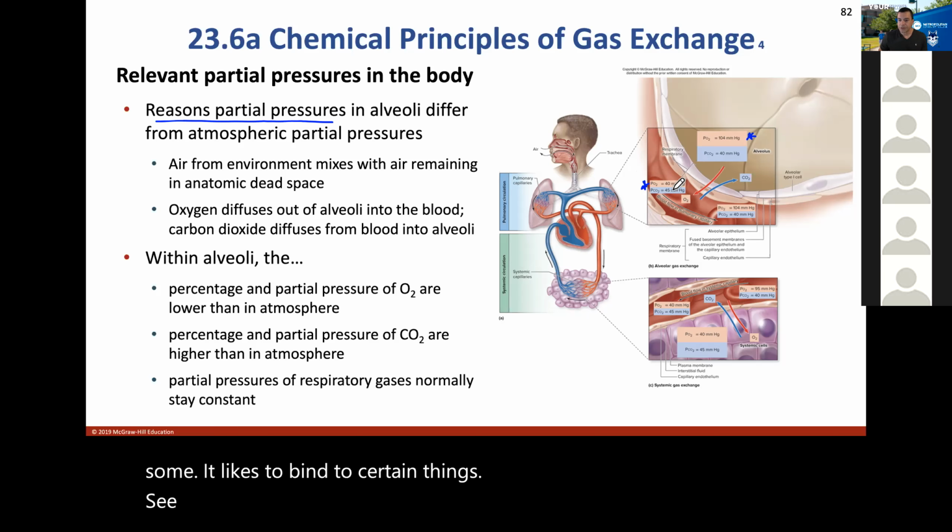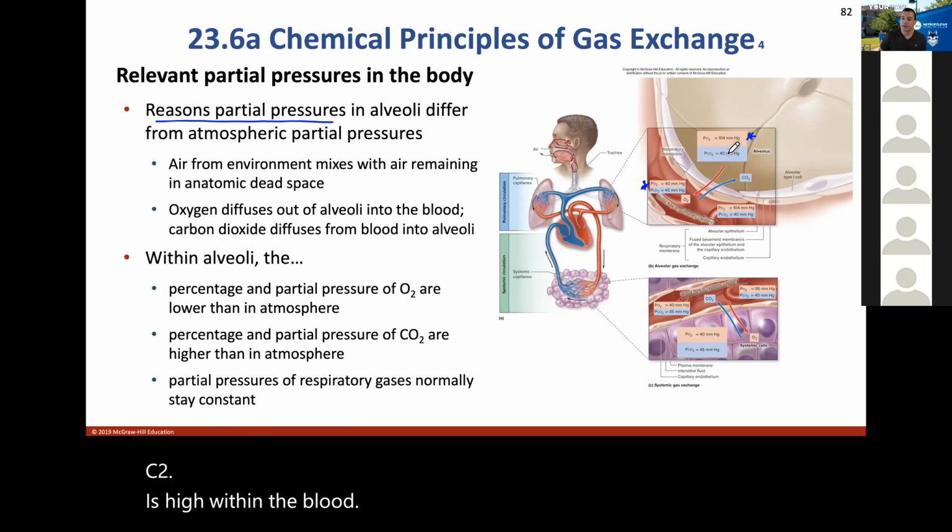CO2 is high within the blood. CO2 is low within the atmosphere. So it goes from high to low, from high to low. Oxygen does the same dang thing. 104 millimeters of mercury.